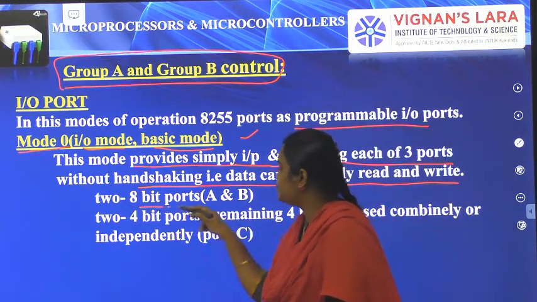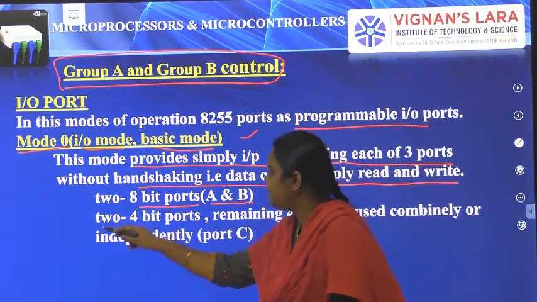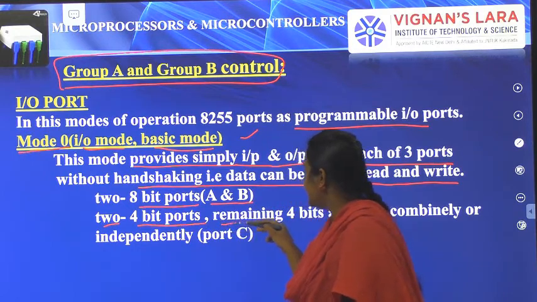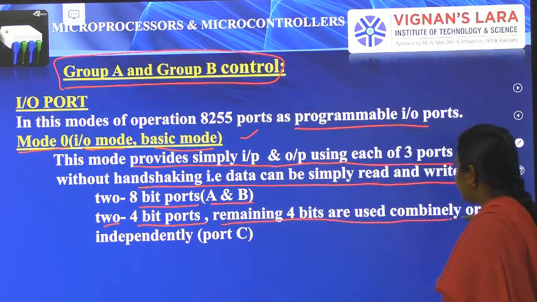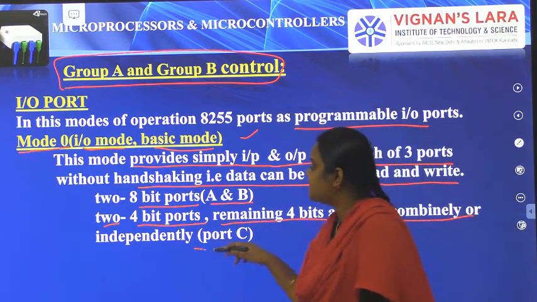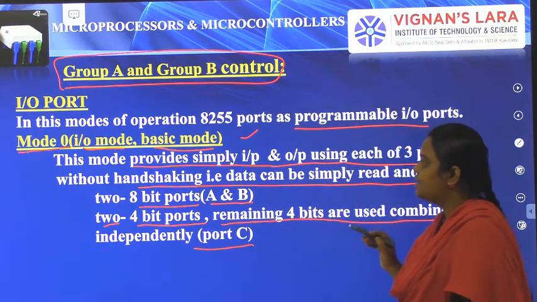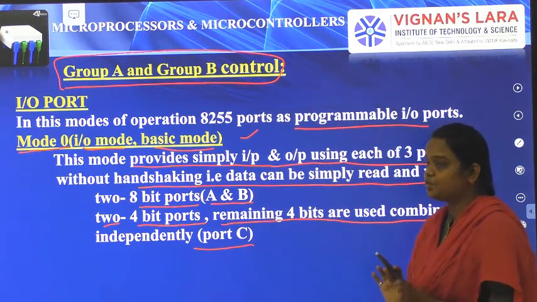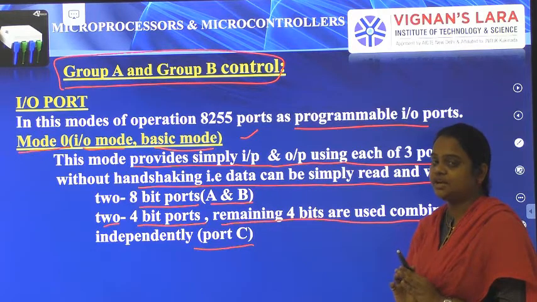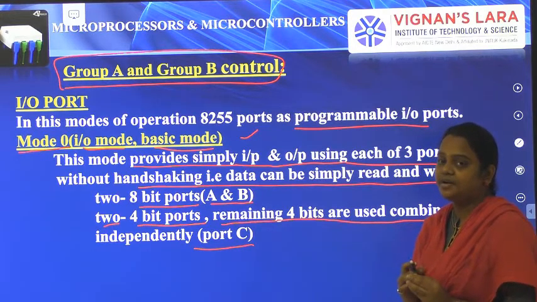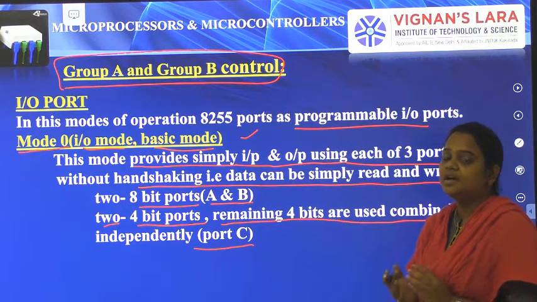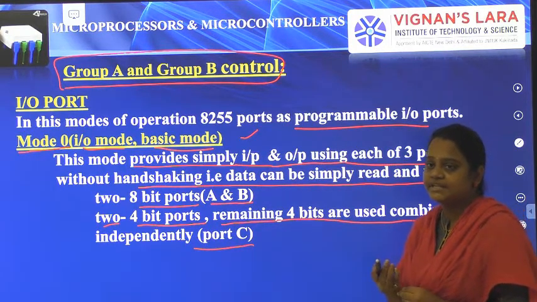Two 8-bit ports, port A and port B, are used, and the remaining 4-bit ports of port C are used combined or independently. With this basic mode, mode 0 operation, we simply write the data and read the data to the input or output devices without knowing whether the information is sent or not.